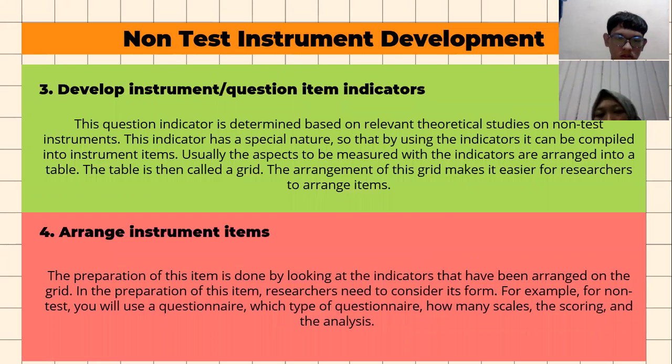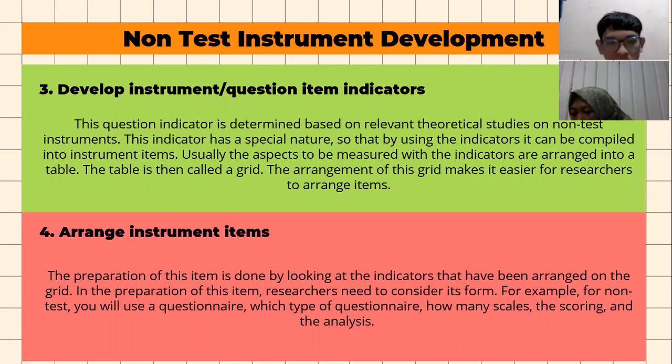Next. Okay. For the third step is develop instrument questions, items, indicators. This question indicator is determined based on relevant theoretical studies on non-test instrument. As for the test instrument, in addition to considering theoretical studies, it is necessary to consider the scope and depth of the material.